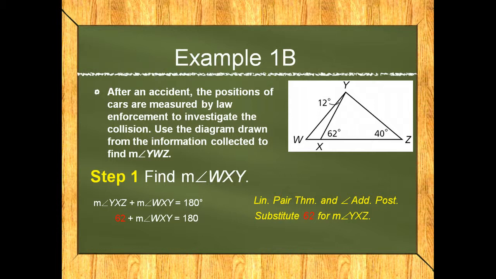That's still 180. In order to solve, all we need to do is subtract 62 from both sides, and we get that the measure of WXY is 118 degrees. So this is step one. Now we found the measure of two of the angles of the triangle.